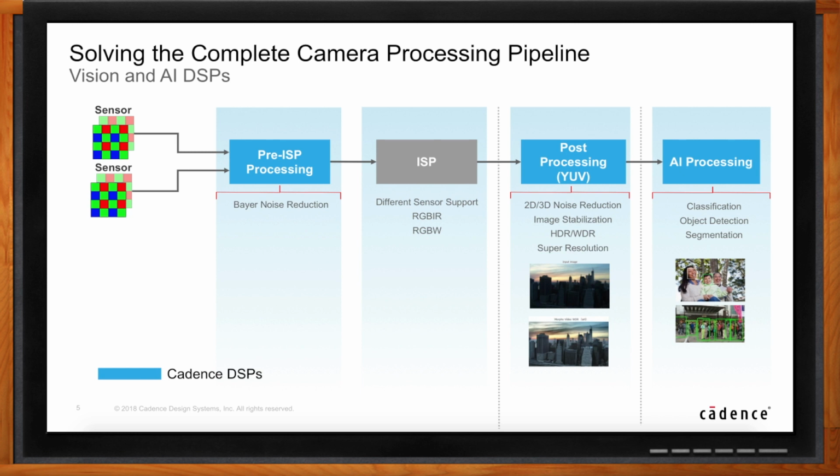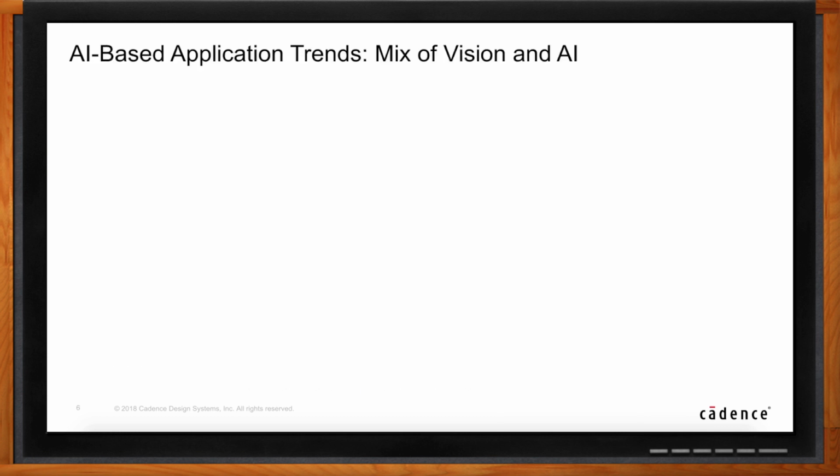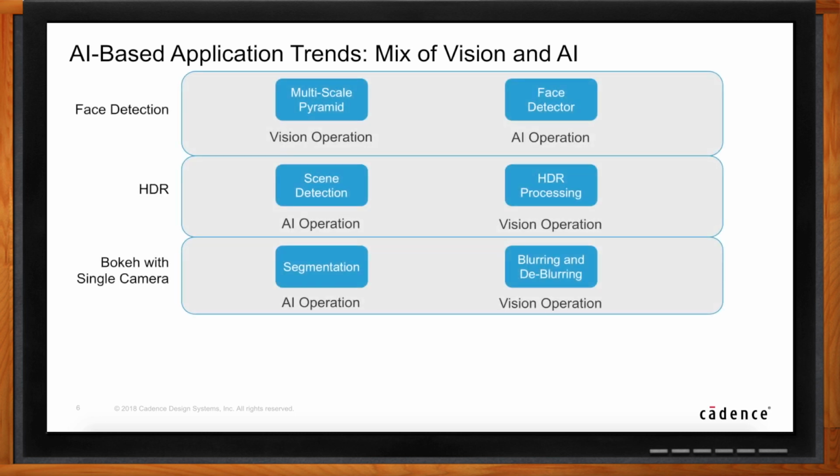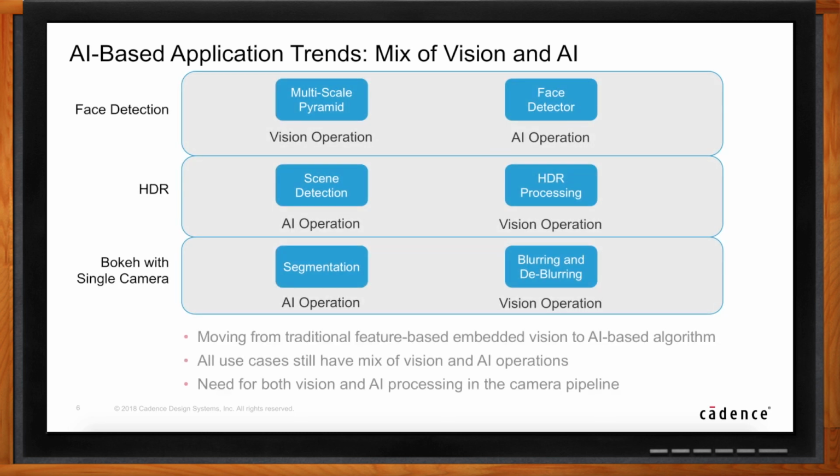So it seems like a lot of these applications are using a combination of both AI and vision acceleration, right? That's correct. What we are trying to show you here is that moving forward, all these applications, face detection, HDR, bokeh, are use cases where both vision and AI are needed. Face detection actually uses AI, but before that, it requires, for example, a multi-scale pyramid, which is a vision operation.